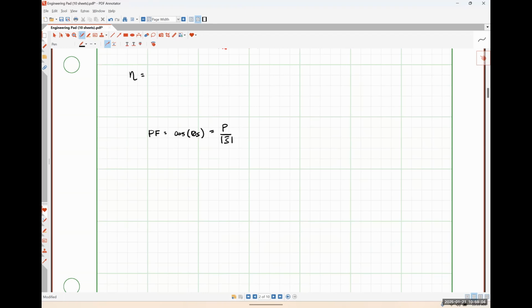So I would argue that we could find average power by simply multiplying apparent power by the cosine of our power factor angle. So this is literally just apparent power multiplied by power factor.